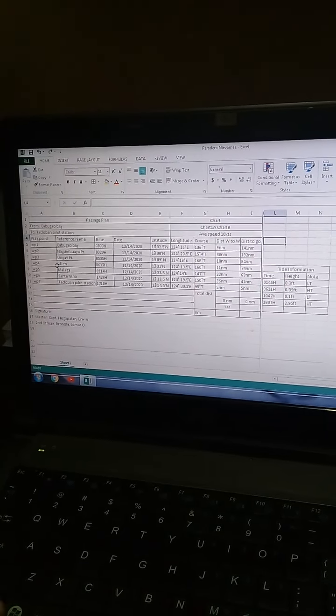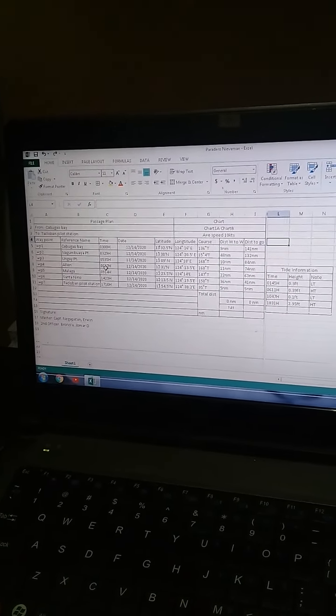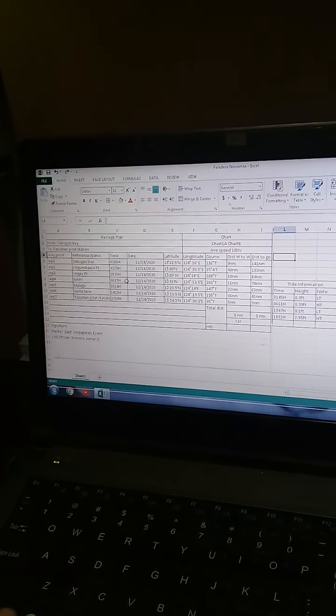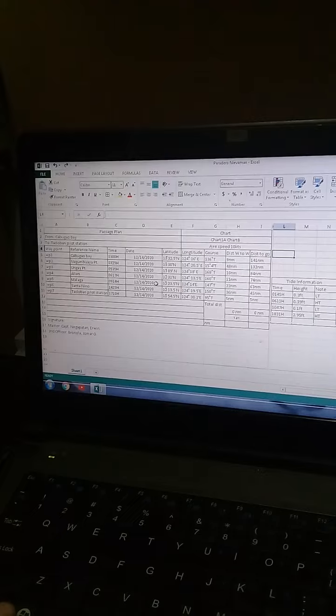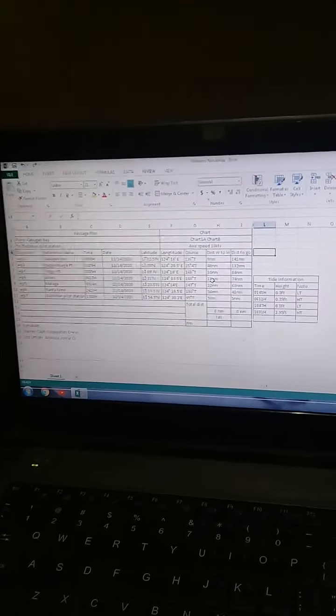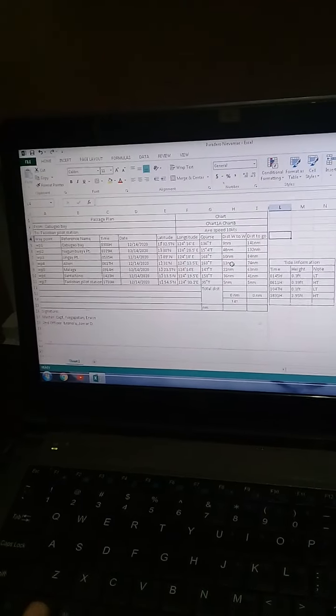The fourth point is Allen, which is time of 1617 hours, and the same date. So latitude of 12 degrees 31 minutes north, and longitude of 124 degrees 13.5 minutes east, course of 160 degrees true, distance 11 nautical miles.